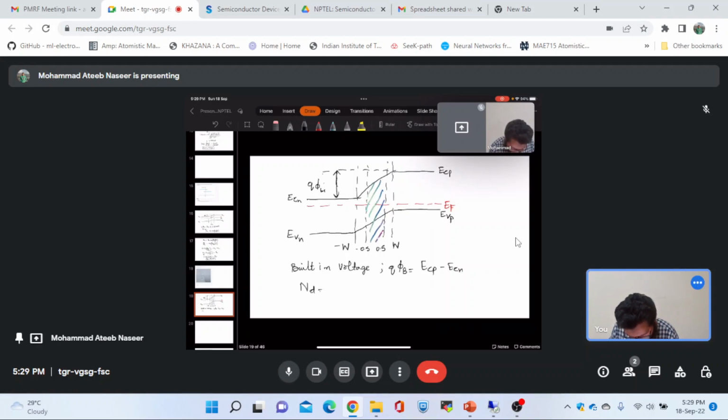ND will simply be equal to NC exponential of EF minus EC on the N side by kT, for the N side.